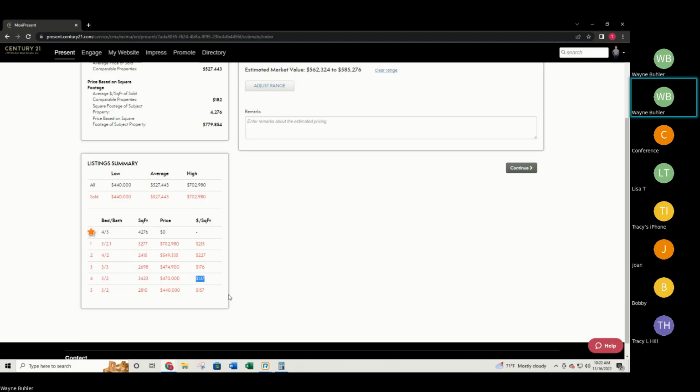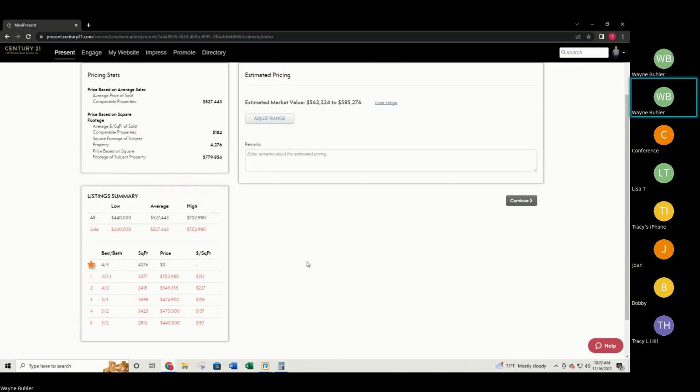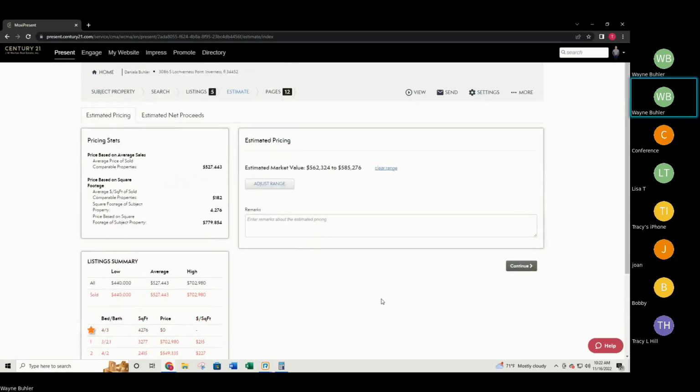This is after the adjustment. I already took out the full barn. You're trying to make it as even as possible. Correct, I'm trying to make everything like my subject property: a 5 acre, 1999 built, 4 bedroom, 3 bath, 726 garage. I'm trying to make all of my comparables like that subject.